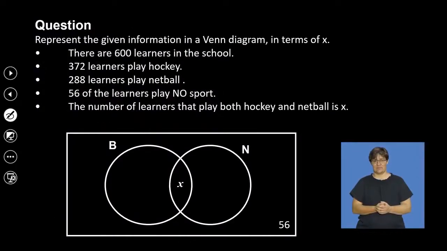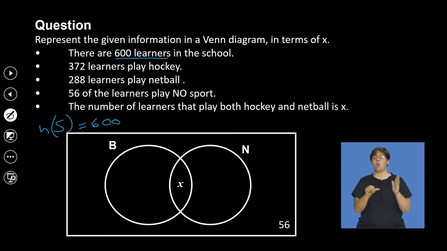So the first point is to recognize that we've got a sample space. In the sample space, which I'm going to call S, there are 600 learners. So the number of learners in the sample space is 600. And that's going to be very important for us in terms of our calculations.